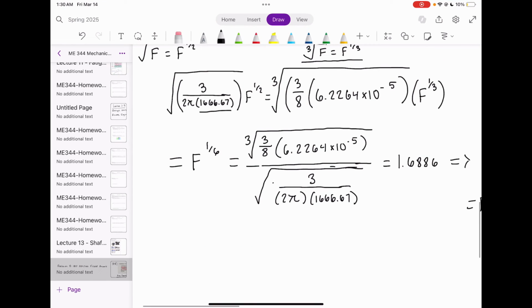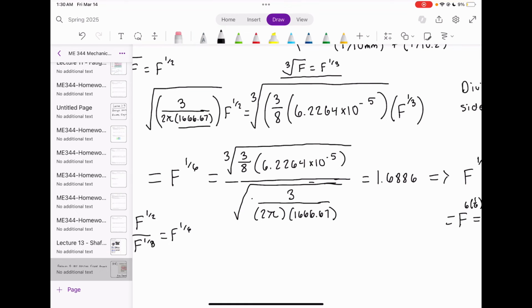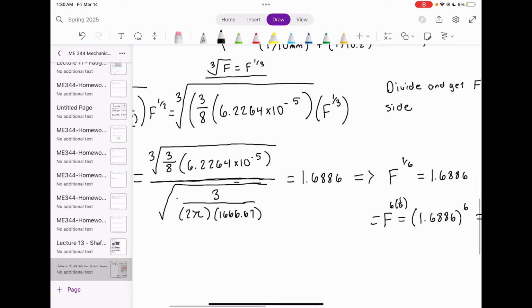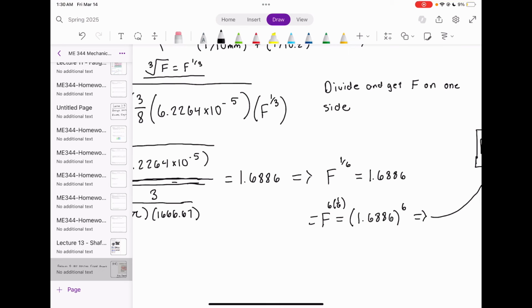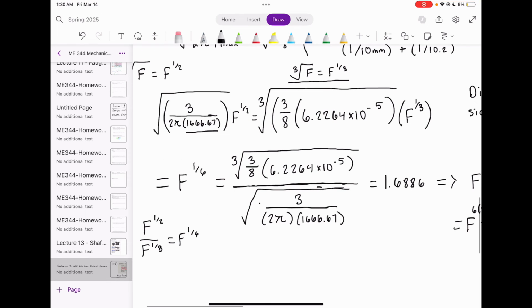And once we divide the F to the 1/2 by the F to the 1/3, it's just subtracting the exponents, which gives you F to the 1/6. And once we end up solving for the numerical values, we get that this numerical value is going to equal 1.6886.